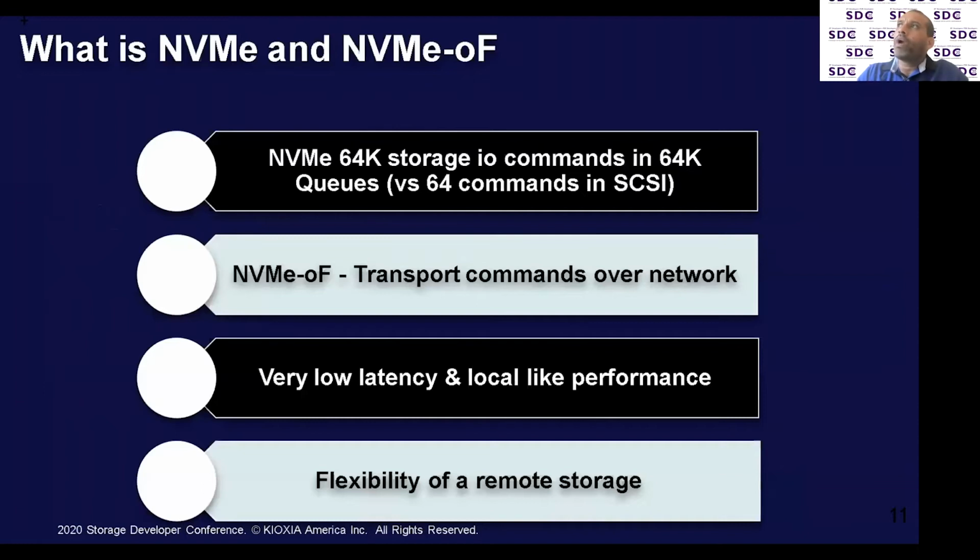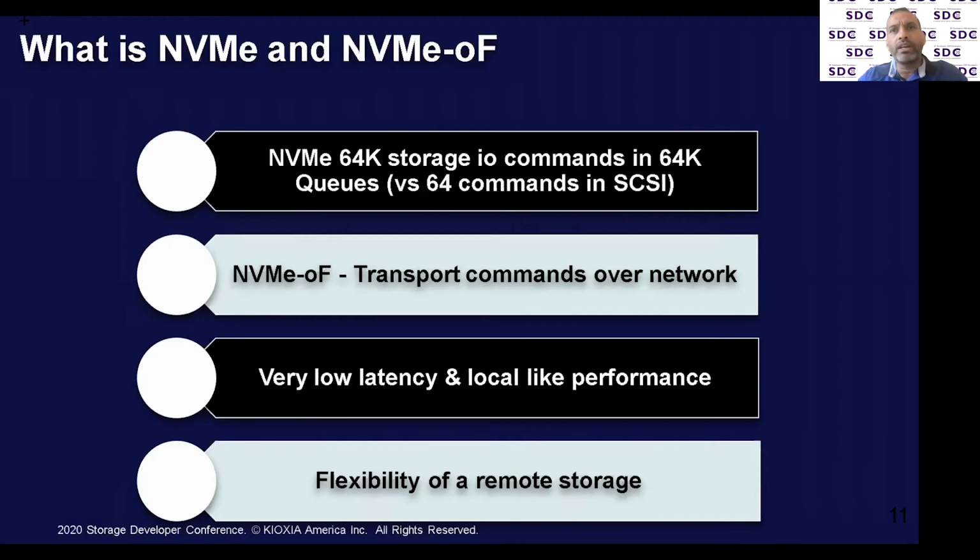So then, what is NVMe over Fabric? We talked about it a little bit in the earlier slide. NVMe is a protocol which enables storage IO commands and helps flash media to store storage bits. NVMe commands travel between a PCI bus and the storage flash drive.